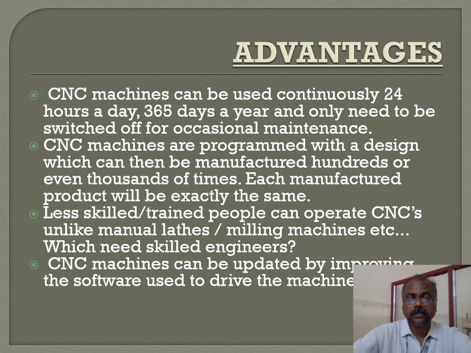Each manufactured product will be exactly the same size, shape and quality. Less skilled, trained people can operate CNC machines, unlike manual lathes or milling machines which require technical experts. That means technical experts like skilled people or skilled engineers. CNC machines can be updated by improving the software used to drive the machines.